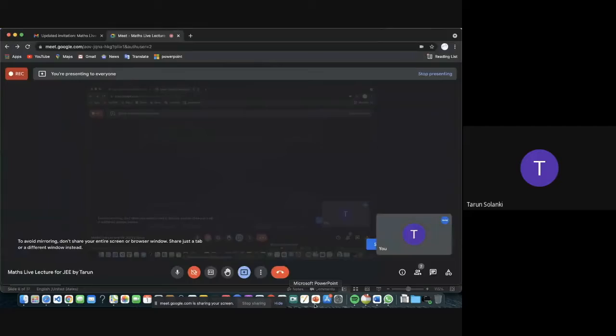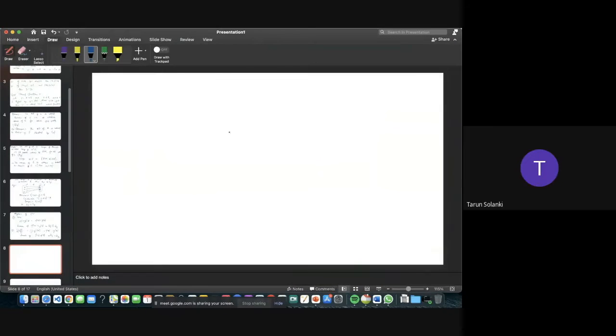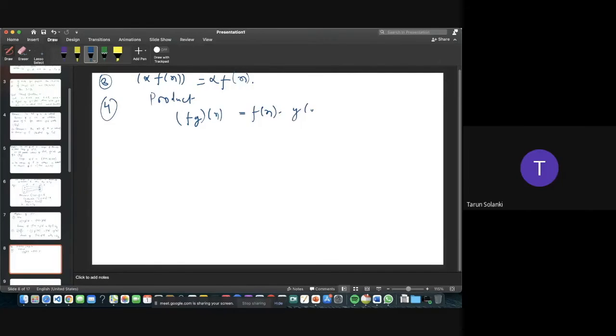Next is multiplication by a constant, which is (alpha f)(x) = alpha f(x). Next is the product, (fg)(x) = f(x) into g(x).